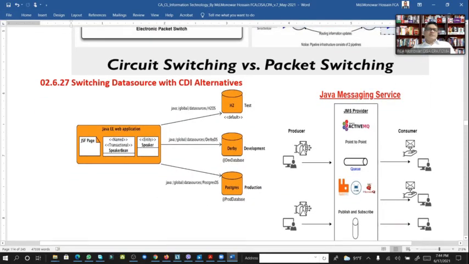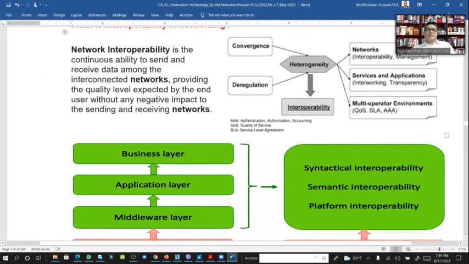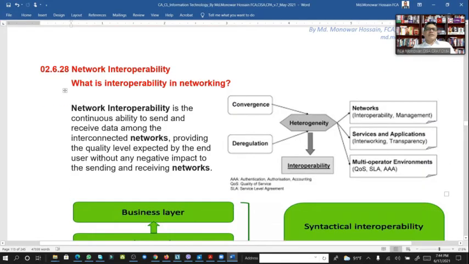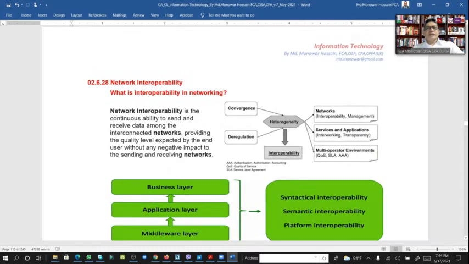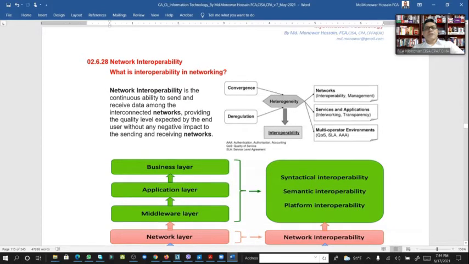So here is packet switching. And if we see network interoperability, network interoperability means that we can use one network with another network, which I already discussed previously. It says that if you have a Bikash account, you also have the same with a Nogod account.